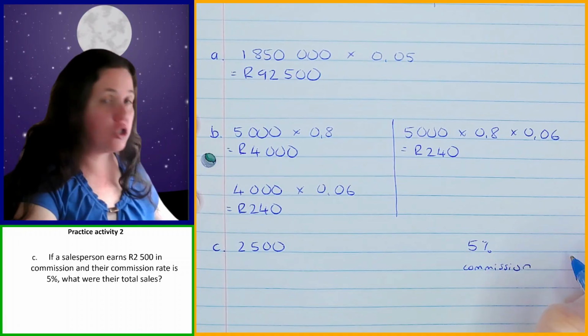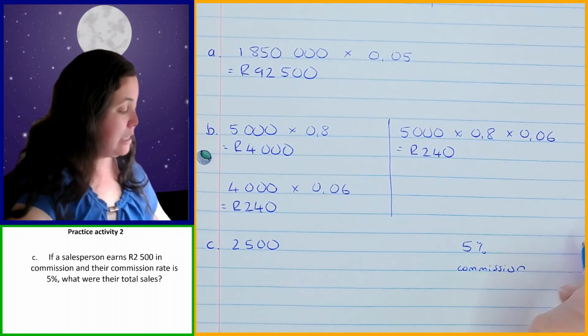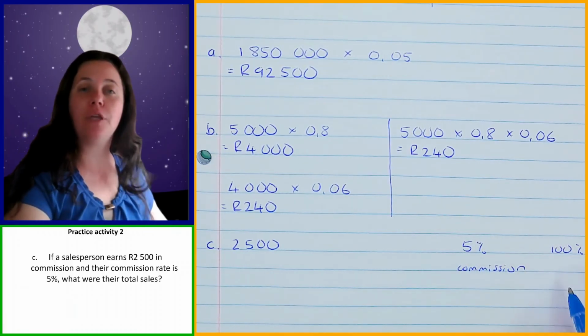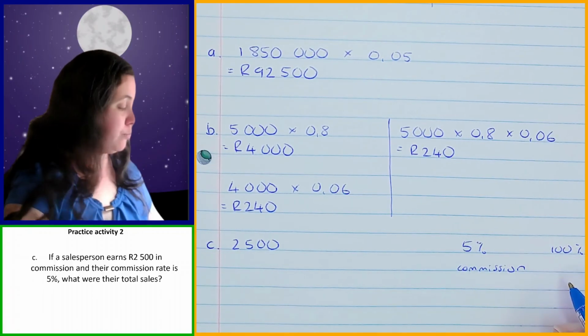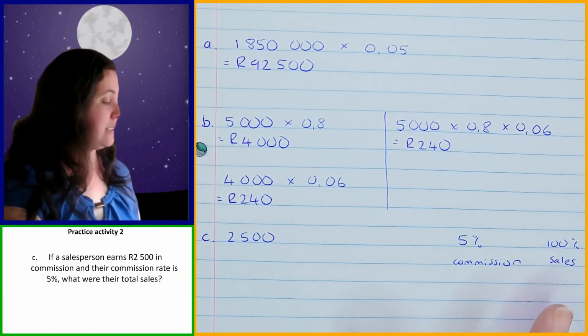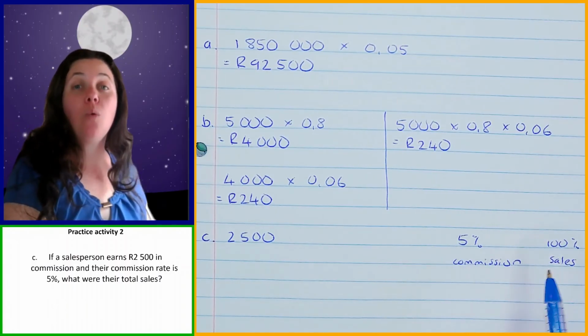We want to know what the original amount was, which is the sales, which is going to be 100%. It's 5% of the original amount, so the original amount is 100%. So that's the sale, the total sales. So we want 100%. So we've got 5%, we want 100%.